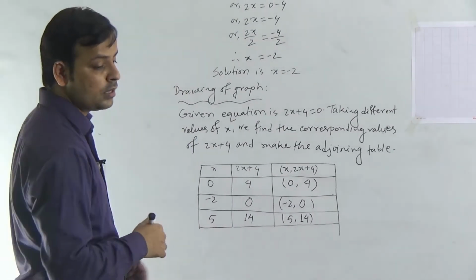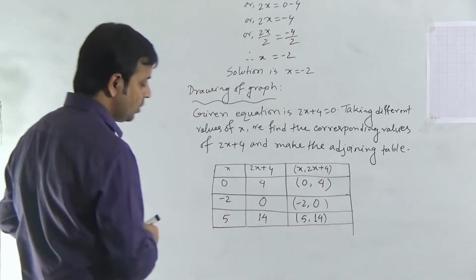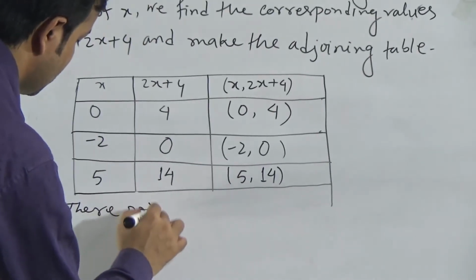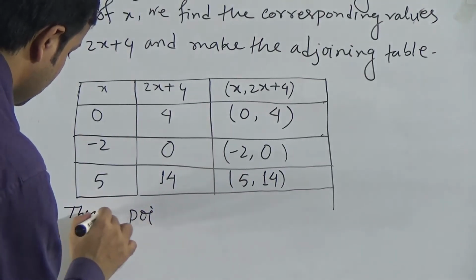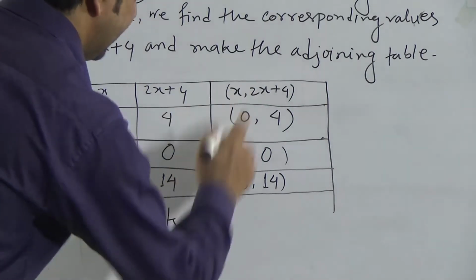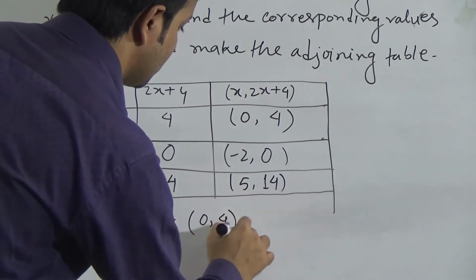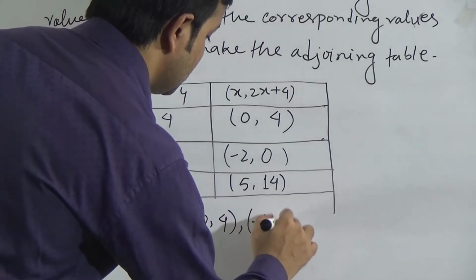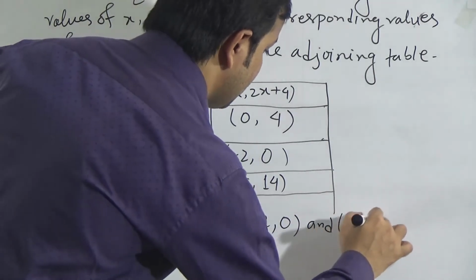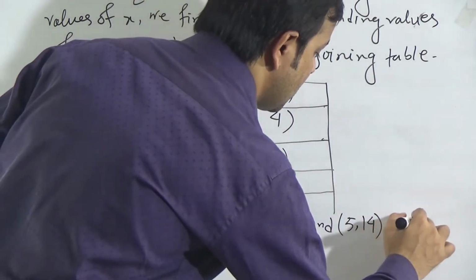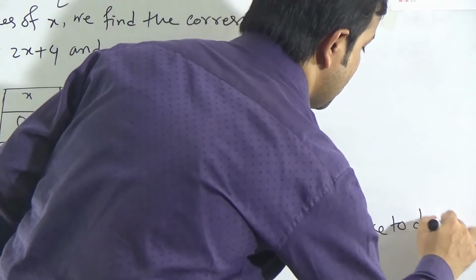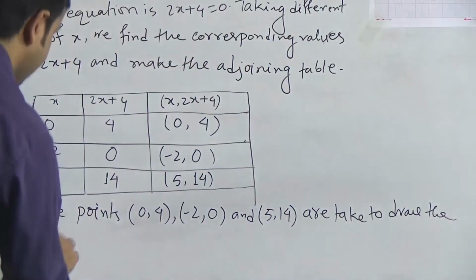3 points are taken to draw the graph. These 3 points are 0, 4, minus 2, 0, and last one is 5, 14, taken to draw the graph.